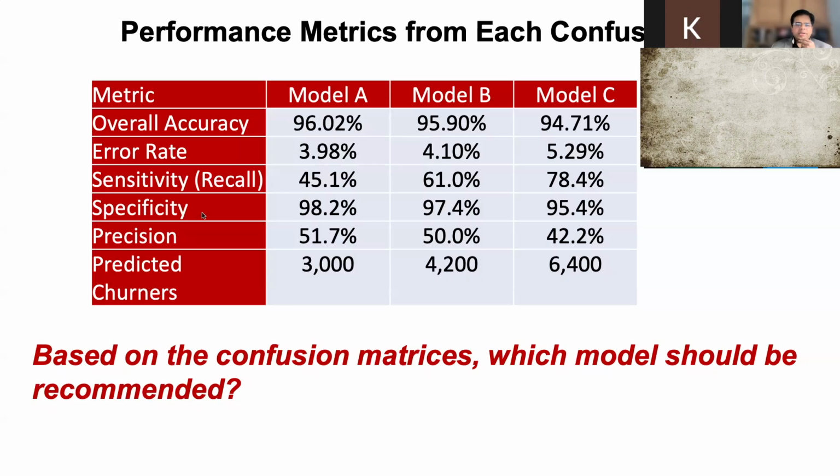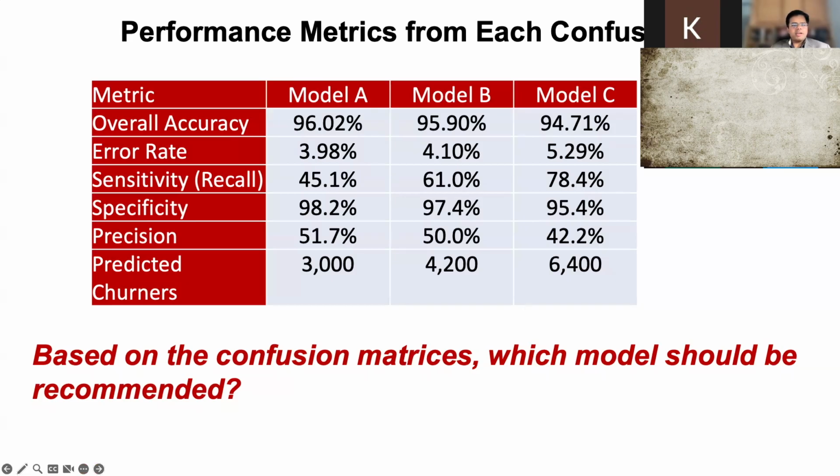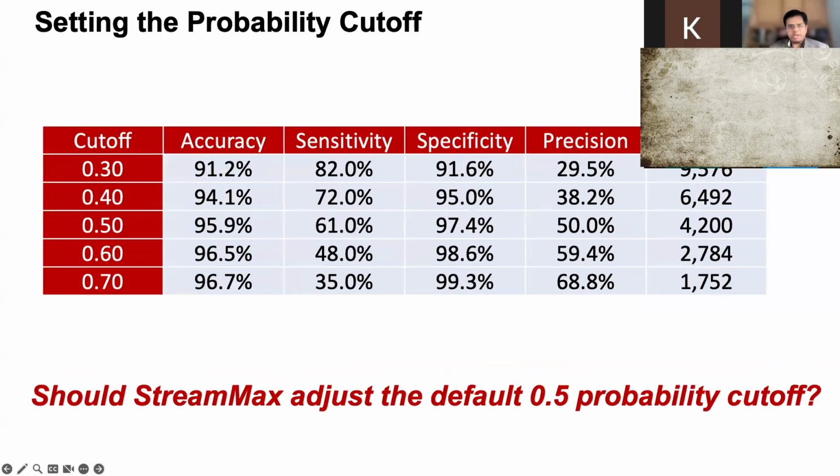So we'll take a look at this here. We have to obviously decide who should be viewed as churner versus non-churner. How do we decide that? We decide that based on probability cutoffs, like we talked about, and all these metrics that we just talked about were based on 0.5. But what happens when we change that cutoff? Right? That's one question which will come to mind.